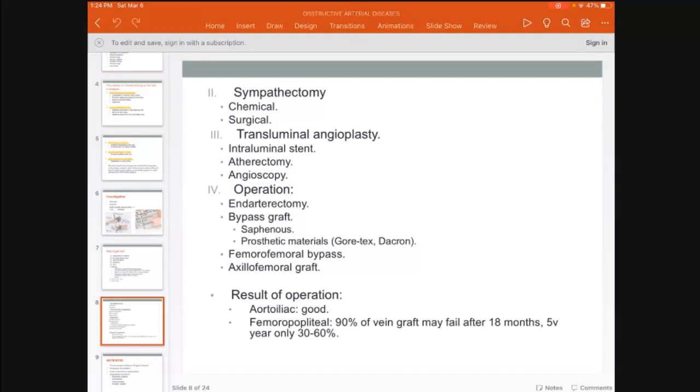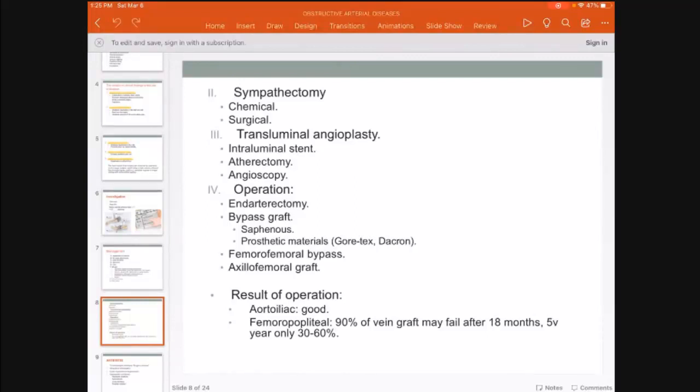Thrombectomy uses an instrument to remove the atheroma from the inside. And now there is an angioscope, sometimes used to enhance the stent and balloon dilatation to relieve the site of obstruction.